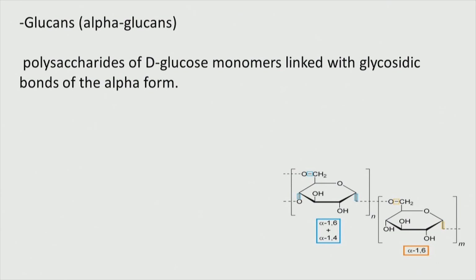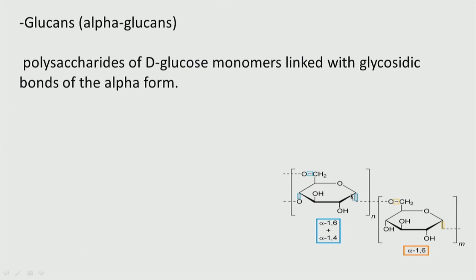Then come glucans. Glucans are also polysaccharides, either high molecular weight or low molecular weight. So alpha glucans and beta glucans are there. Polysaccharides of D-glucose monomers linked through glycosidic bonds.